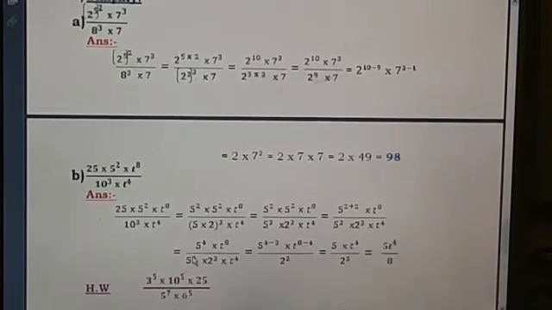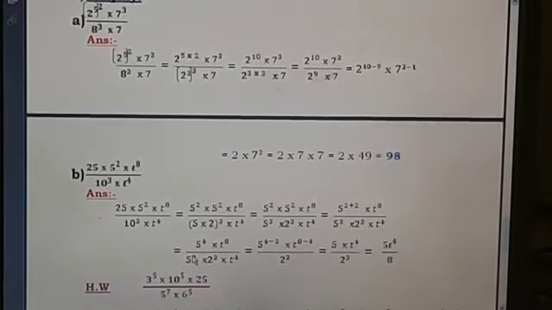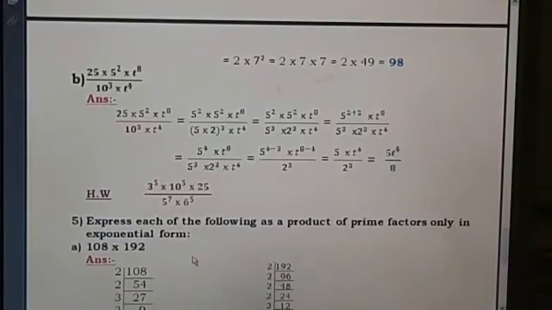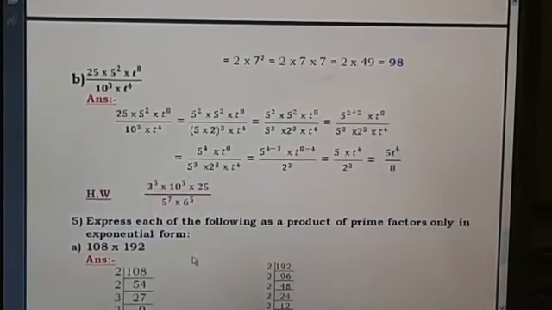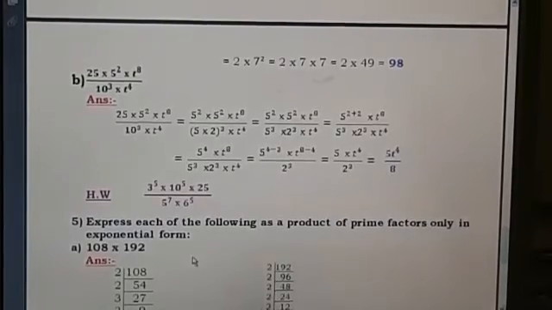That also power to the power will come, we have to multiply. Then use the second law, we have to subtract, we will get the answer. Okay, like that. Next question also, 25 is there, 25 we have to convert into exponential form. Even 10 also we have to convert. Then as per the law we have to do the procedure, we will get the answer.